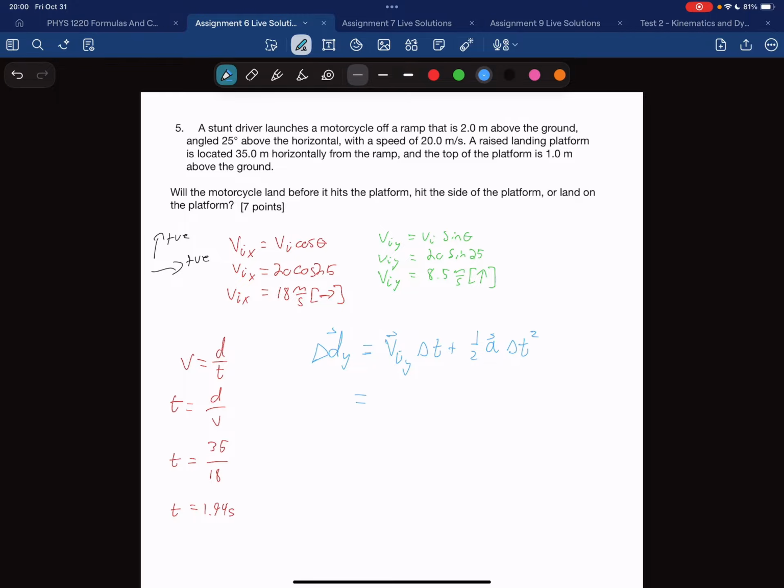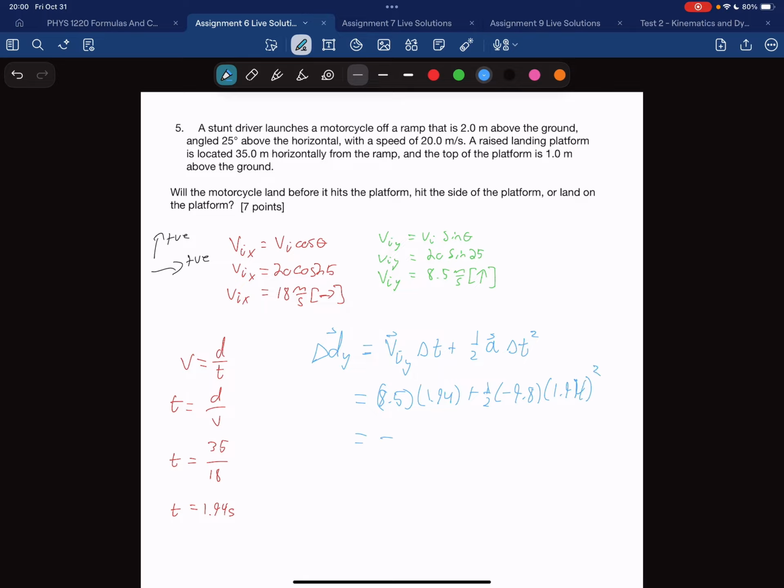So our initial velocity here is 8.5. This is positive, because I've defined upwards being positive. Times 1.94 plus 1/2 times negative 9.8. This acceleration is downwards, so that is negative. And 1.94 squared.